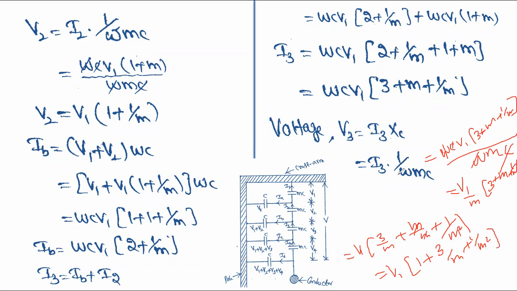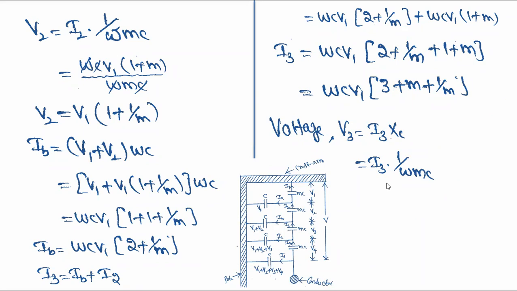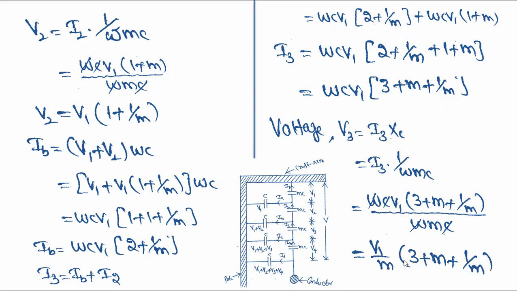Now check it here, substitute the I3 value, WC V1 into 3 plus M plus 1 by M, numerator and denominator WC get cancelled, that is V1 by M into 3 plus M plus 1 by M.